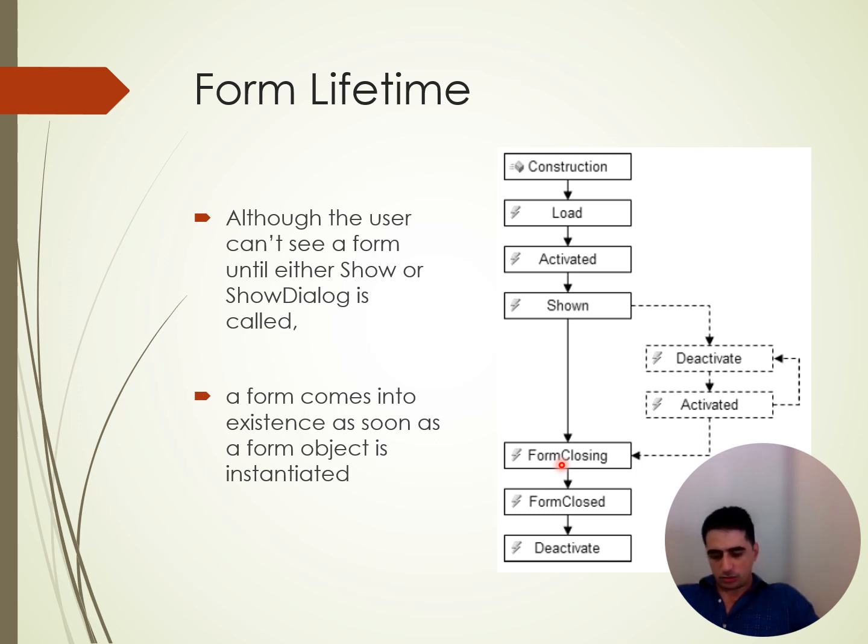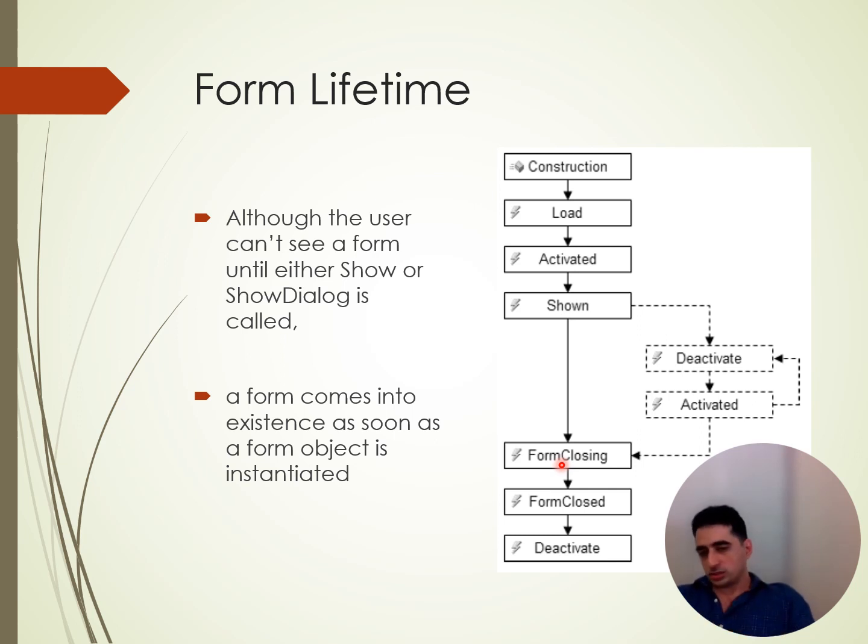For example, let's say you're writing a program that plays a game, and if the user of the game tries to close the form in the middle of the game, in the form closing event handler, you can basically ask the user, are you sure you want to close it?